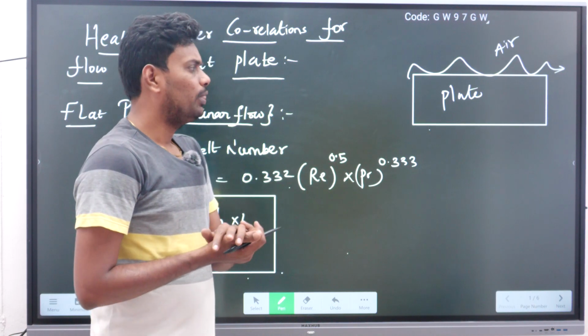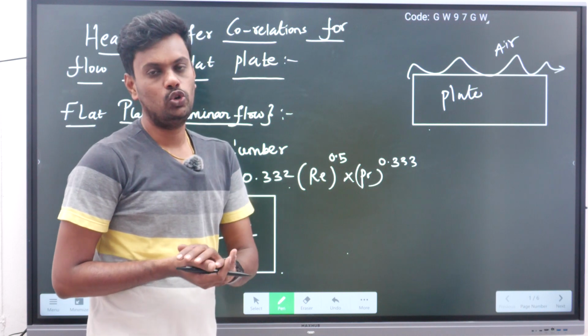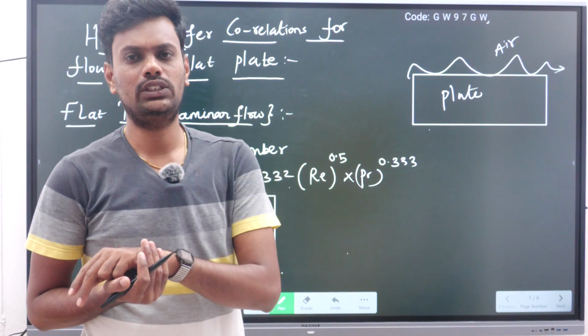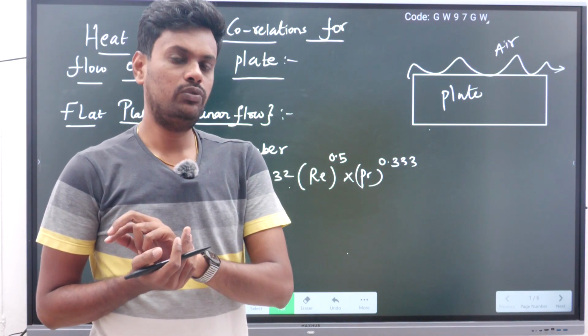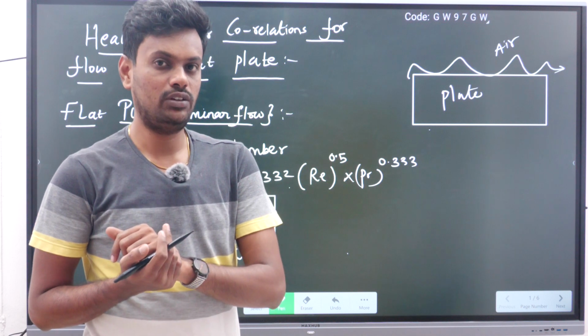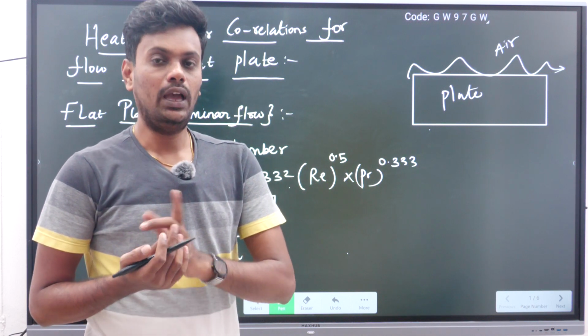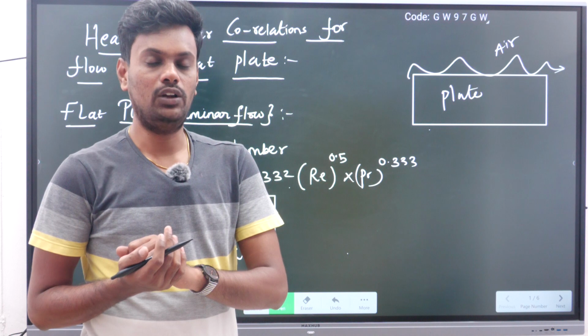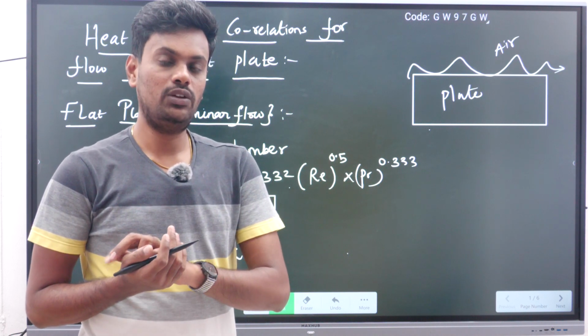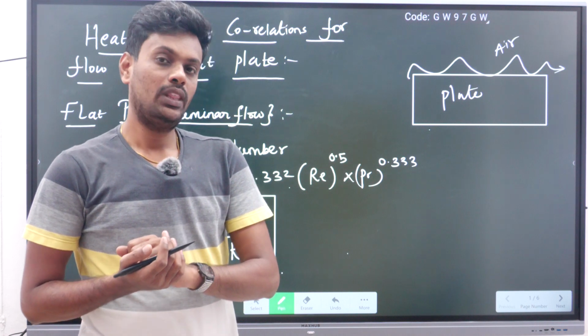As we have already studied, when there are two mediums, one a fluid and another a solid, what mode of heat transfer will take place? Convection mode of heat transfer will take place. In the first video, in the modes of heat transfer, we studied convection. For convection, what is the governing law?